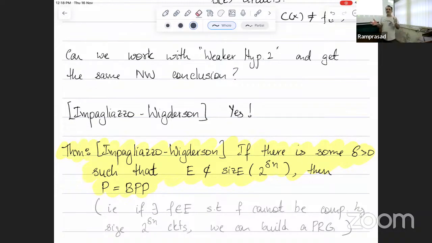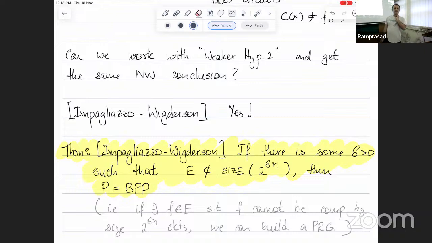That is just a rephrasing of saying there is something in exponential time which cannot be computed by circuits of size 2 to the delta n. Then P equals BPP. Well, why? Because using that function, whatever it is, I am able to build a generator which will then manage to fool the circuits. That's what the Nisan-Wigderson theorem states, and this is what we are going to try and prove in the next maybe 3 lectures or so.